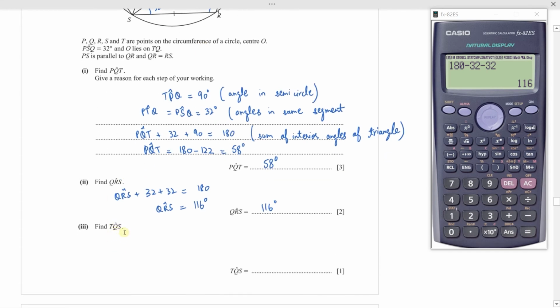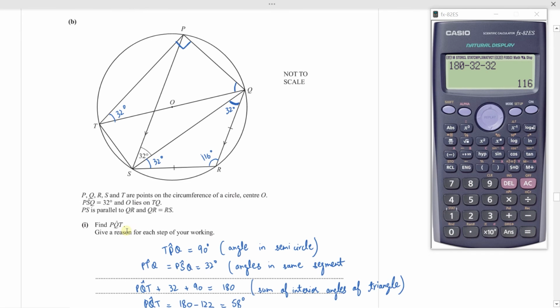The next angle that we need to find is TQS. TQS is this angle in the middle here. So now if I look at this quadrilateral PQRS, this is a cyclic quadrilateral because all four vertices of this quadrilateral are on the circumference of the circle.